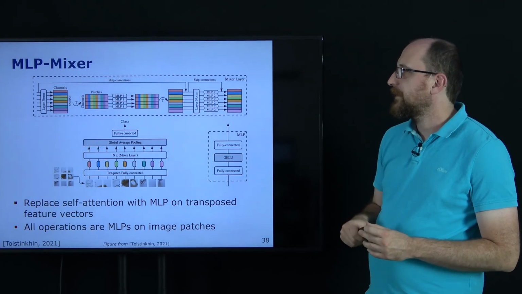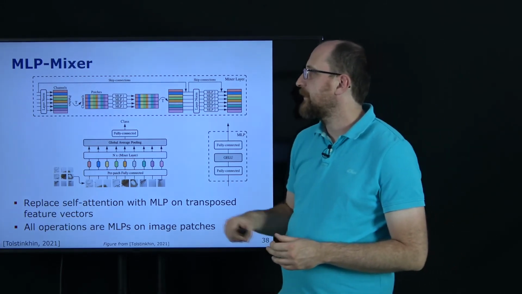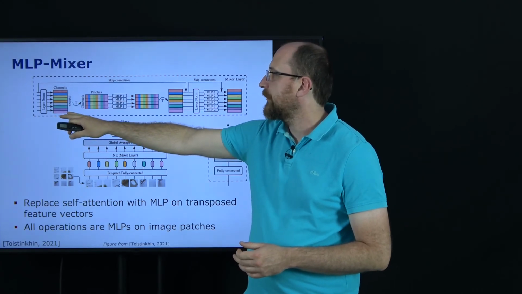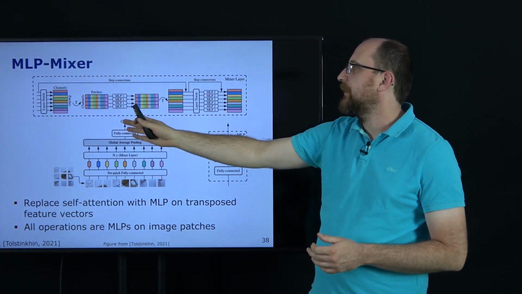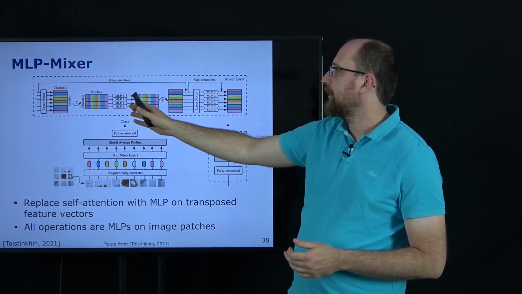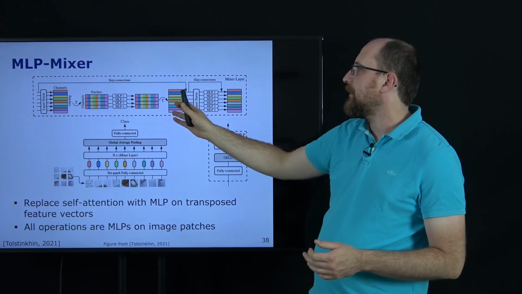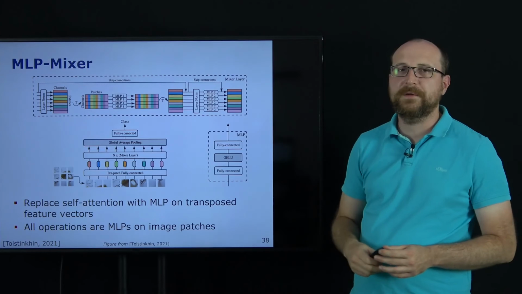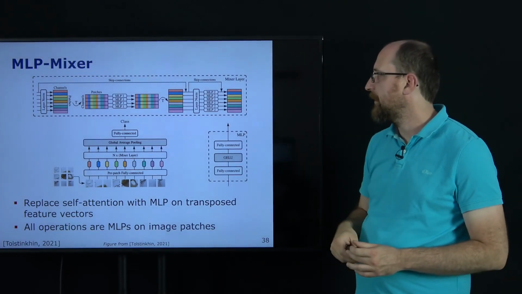The idea was to take the features, which are patch-wise features, and just transpose them, and then use on top of this the multi-layer perceptron, and then reshape it again into the original size. And then comes the fully connected network, or the MLP.